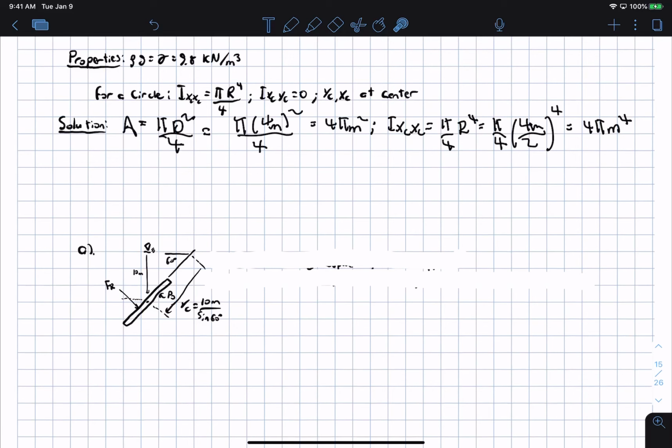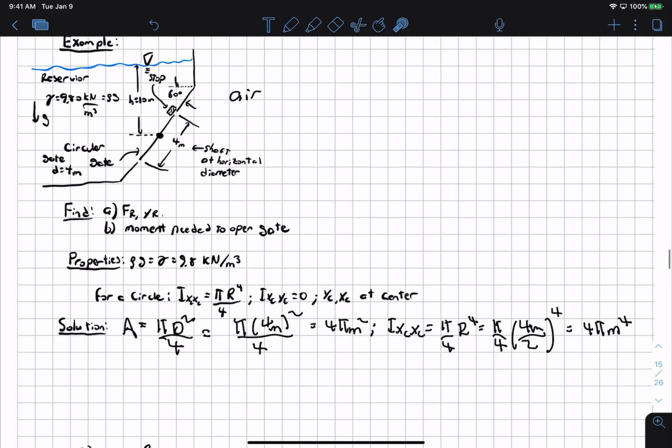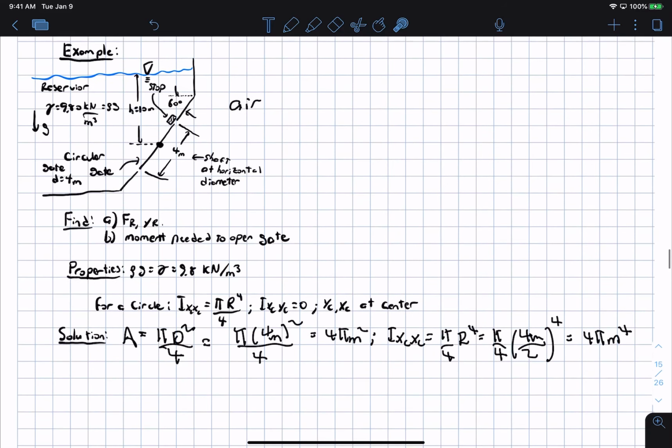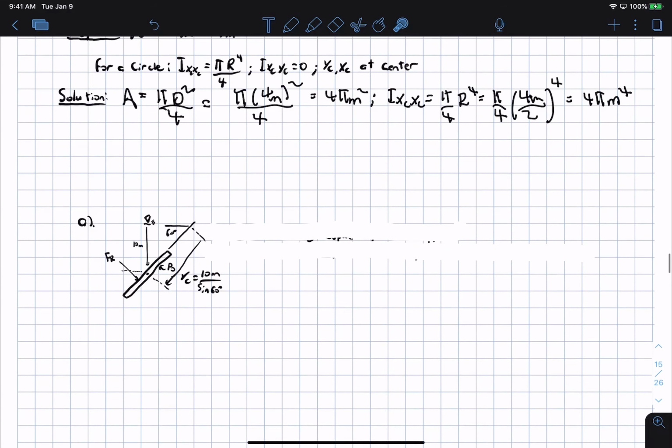Oh, and one thing I forgot to mention, I'm going to go back up to the picture, is that the height to the center of the gate is 10 meters. Okay, and we know that the centroid of a circle is basically at the center line. Okay, and so the shaft is at the horizontal diameter. Okay, so we got this little picture here.